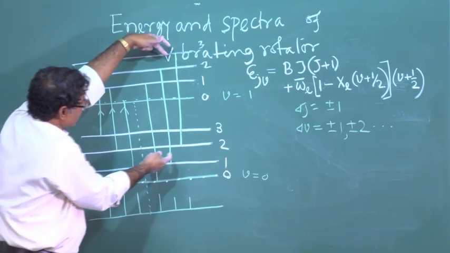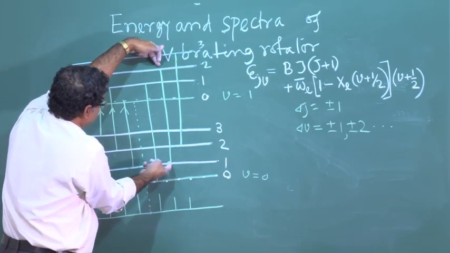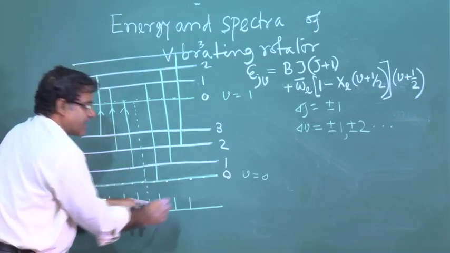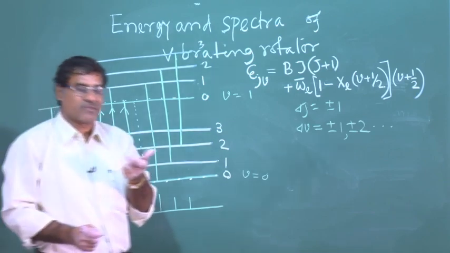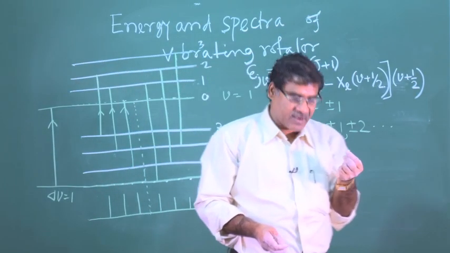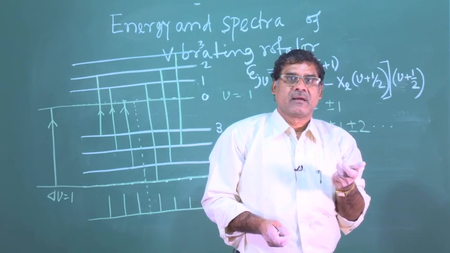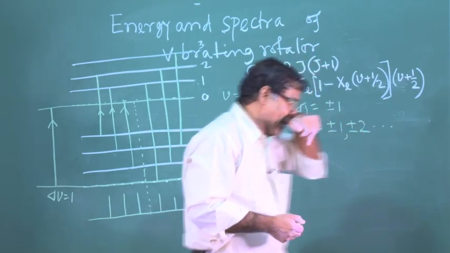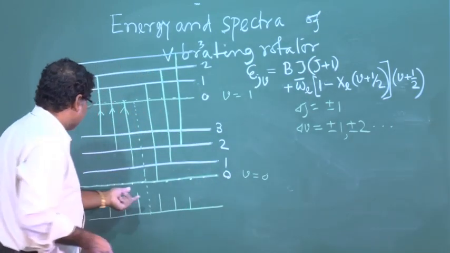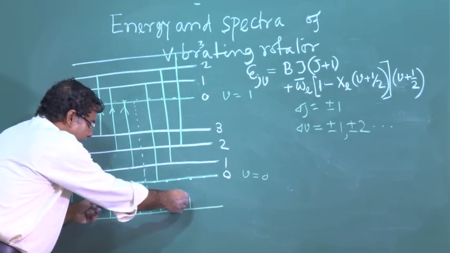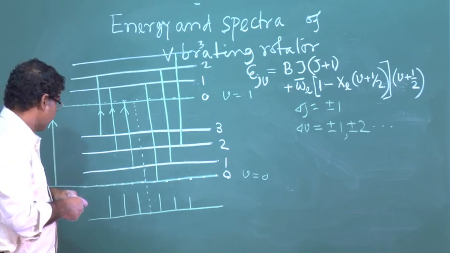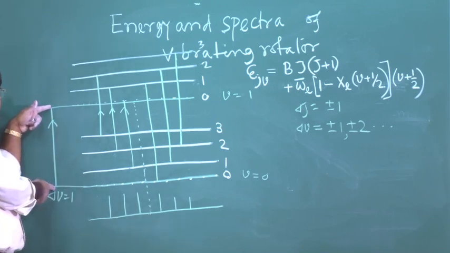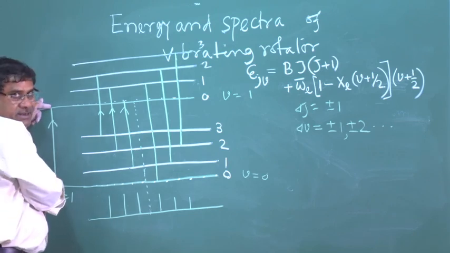And you see this separation between the spectral lines. Whatever separation we are getting is equal to the separation of the rotational energy levels, you know. So, rotational energy levels are very closely spaced. This original energy is of the order of 10 to the power 3 centimeter inverse.